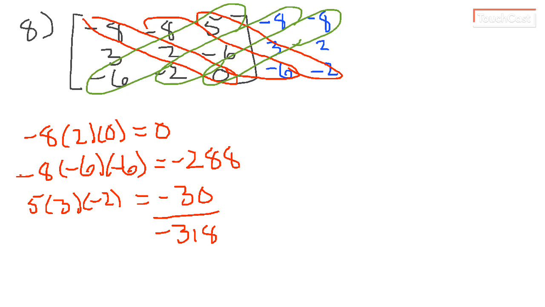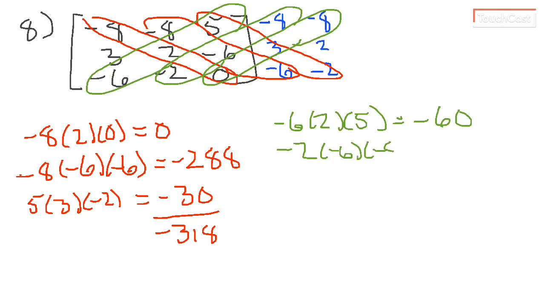Now we can do our other diagonals. We're going to have negative 6 times 2 times 5. So we're going to have negative 60. We're going to have negative 2 times negative 6 times negative 8, which gives us negative 96. And lastly, we're going to have 0 times 3 times negative 8, which is 0.